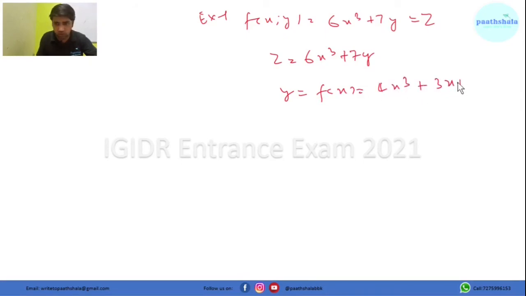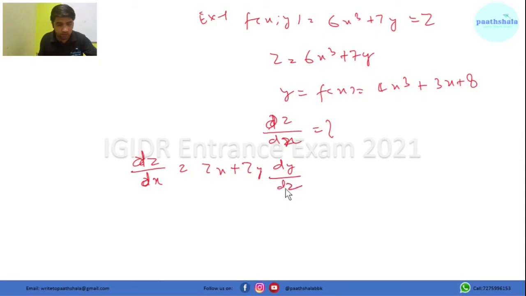We have to find dz by dx. Now to find dz by dx, it will be equals to zx plus zy into dy by dx.